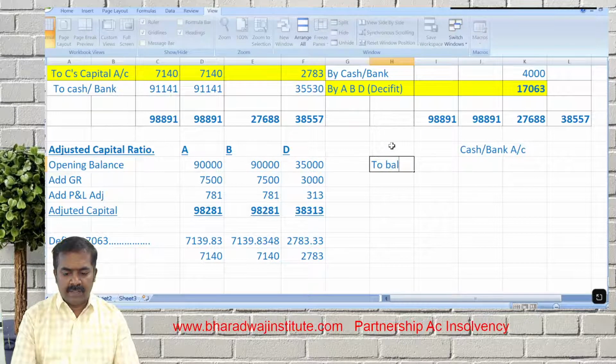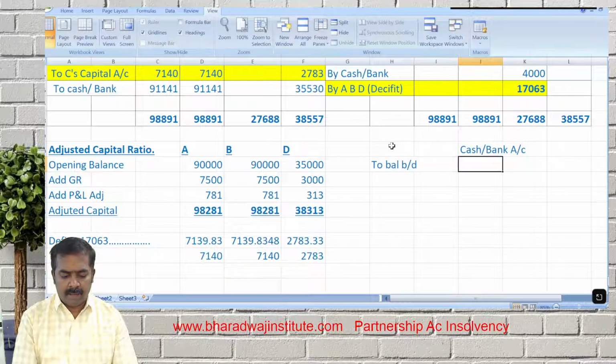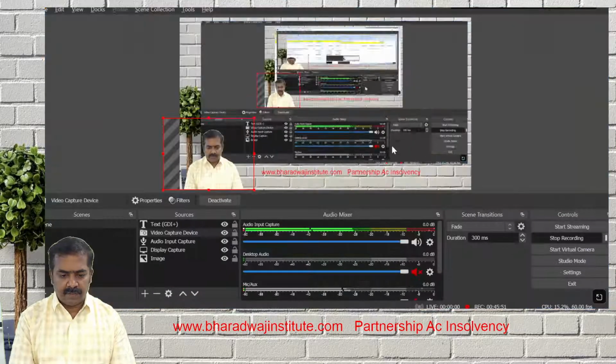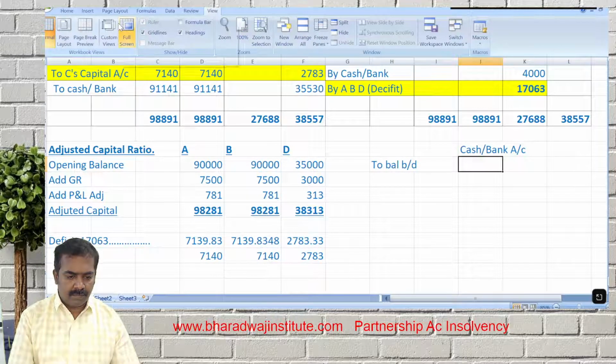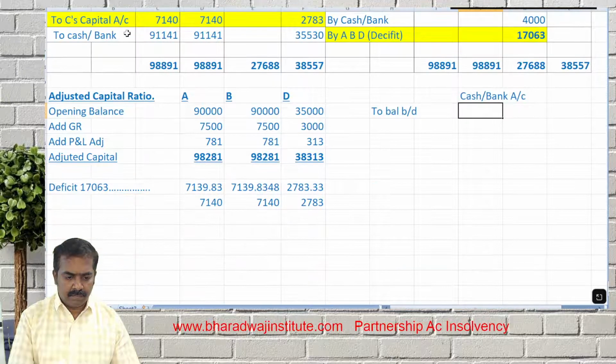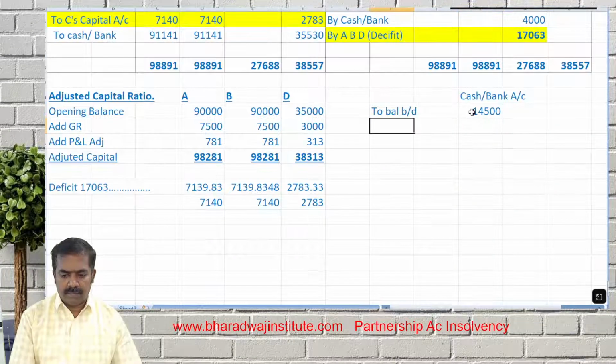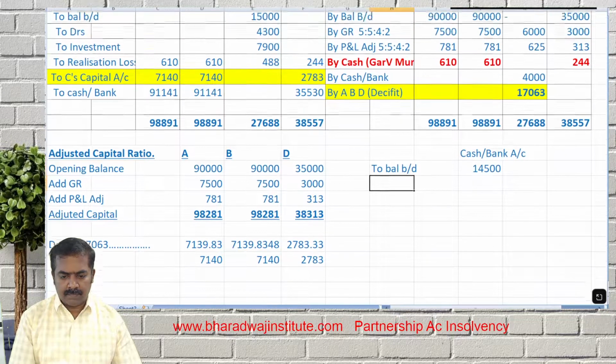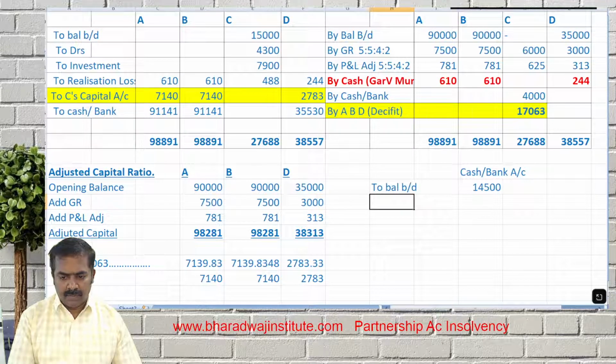What is the opening balance? Cash balance, 14,500.